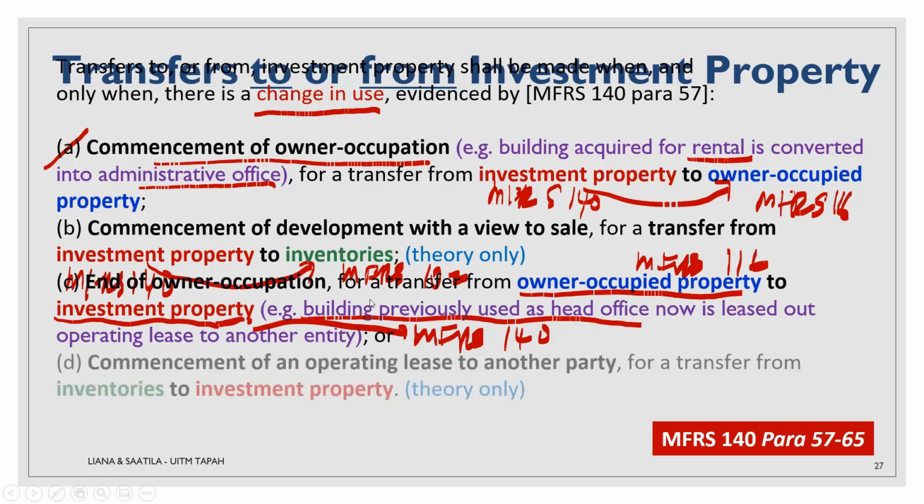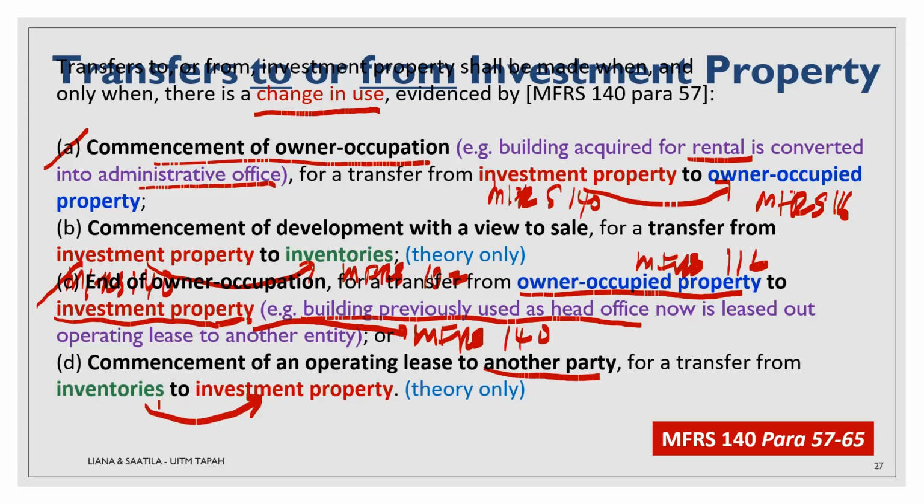Next, for part C, we are going to focus on the accounting treatment, but for D, we are just going to learn the theoretical part of it, where there is a commencement of an operating lease to another entity, a transfer from inventories to investment property.